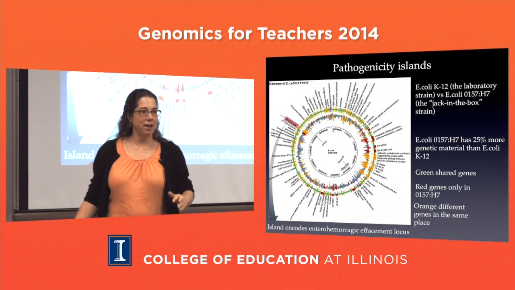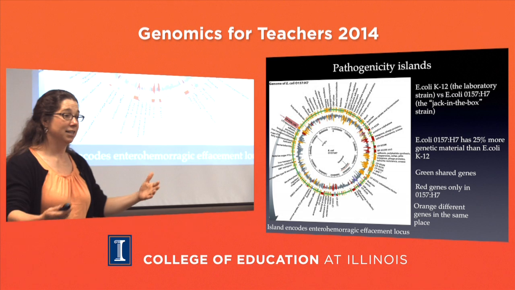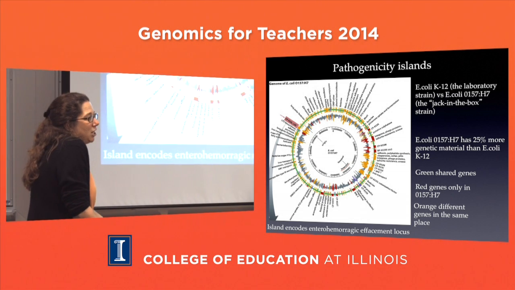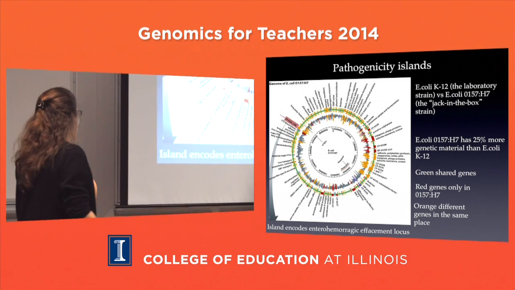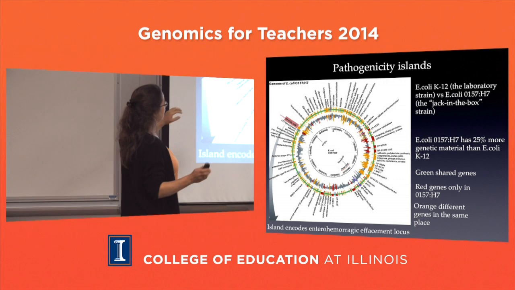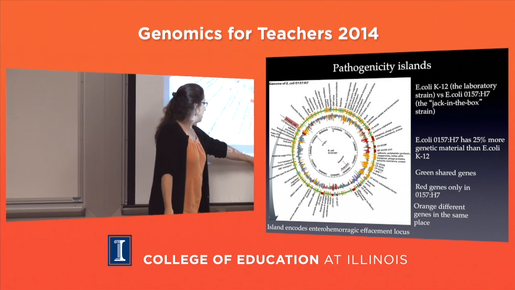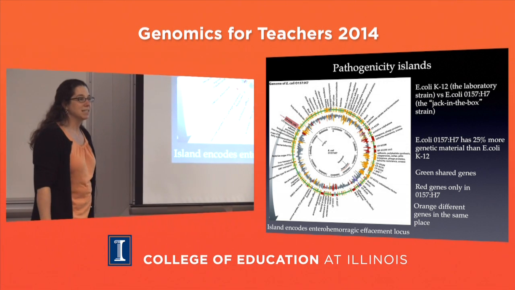So it has 25% of its genome that the E. coli we work with doesn't have.